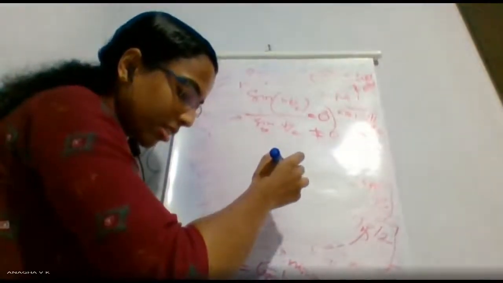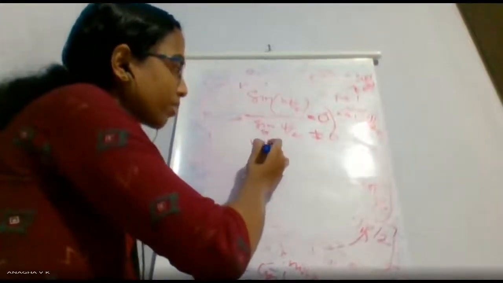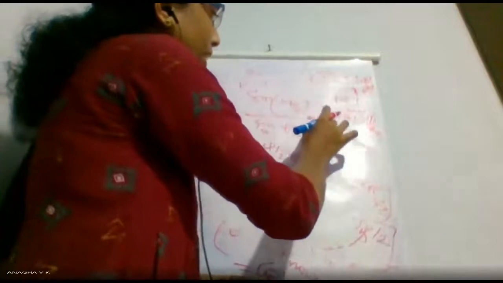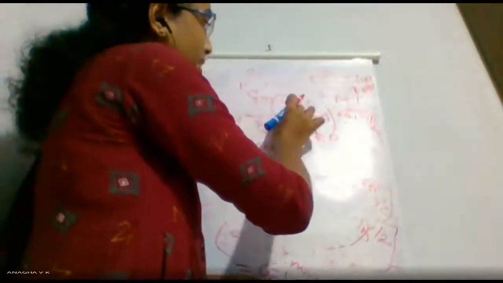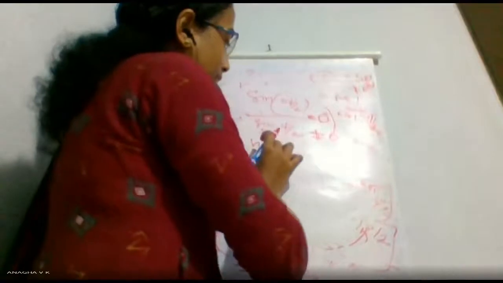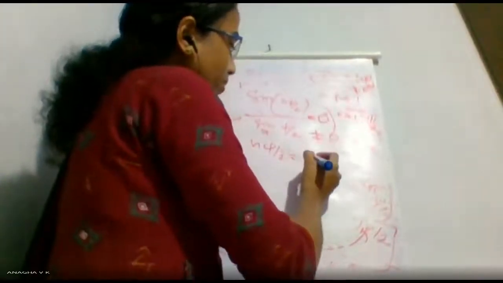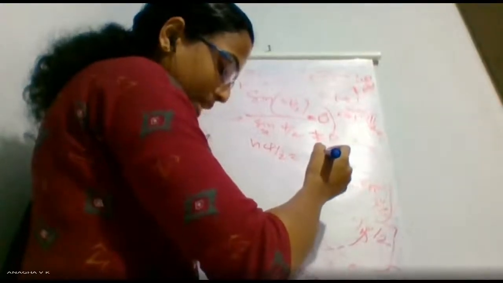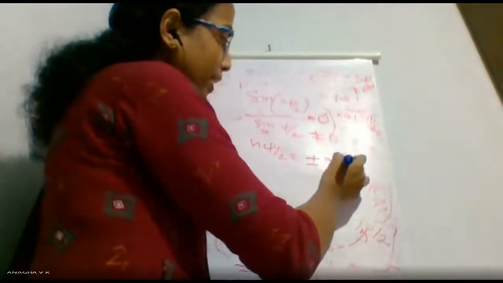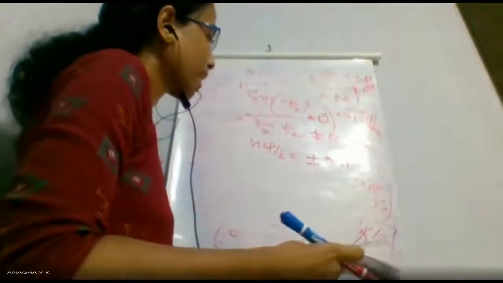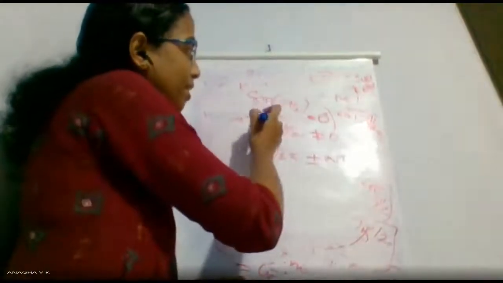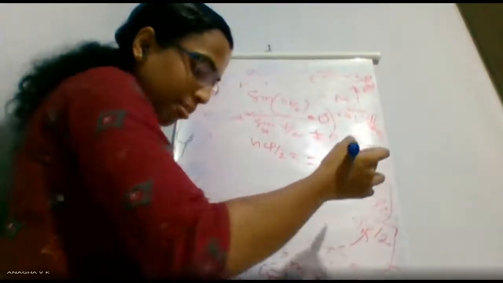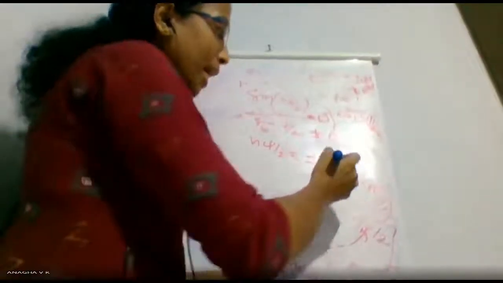So nψ/2 equals what? sin(nψ/2) equal to 0 means nψ/2 equals plus or minus nπ, because sin is 0 when the angle is an integral multiple of pi.